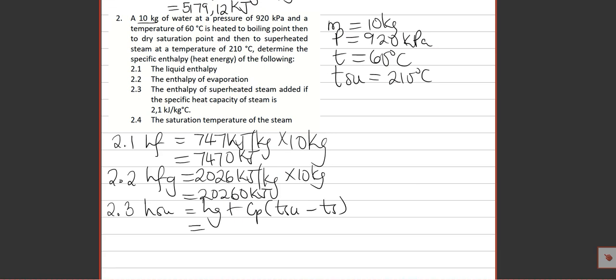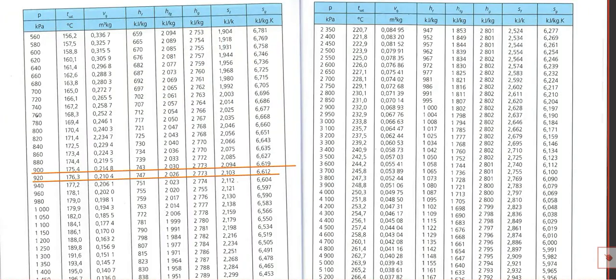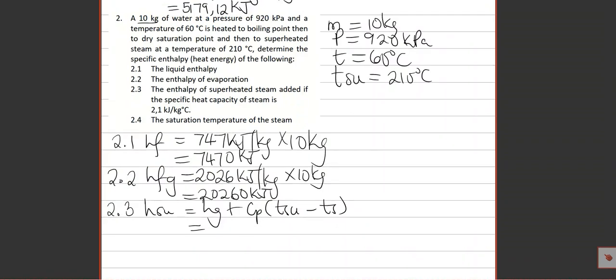So then we need to find our Hg value. We go to our pressure of 920. Our Hg value, we have 2773. So it's going to be 2773 plus.